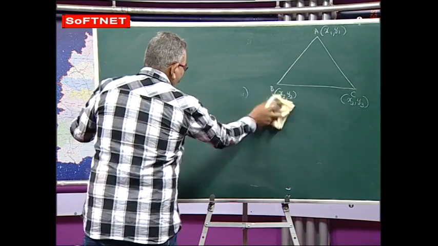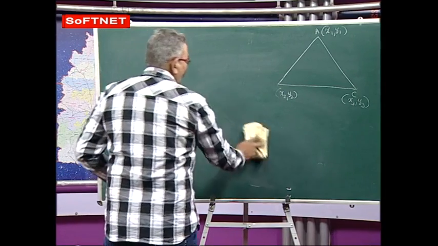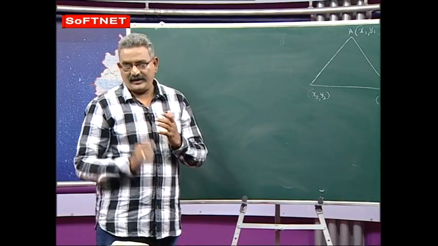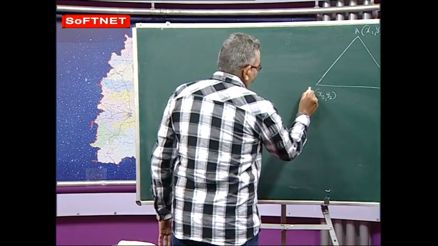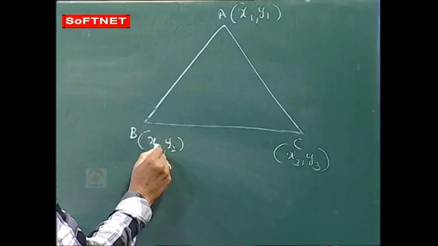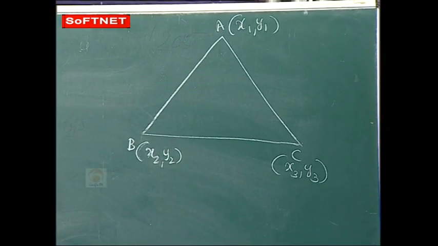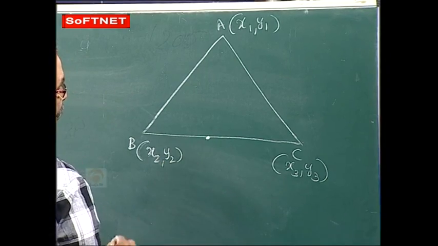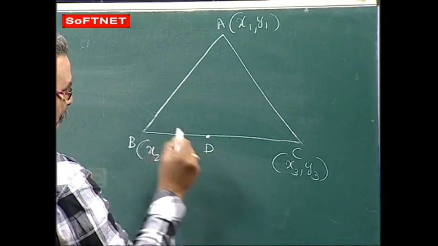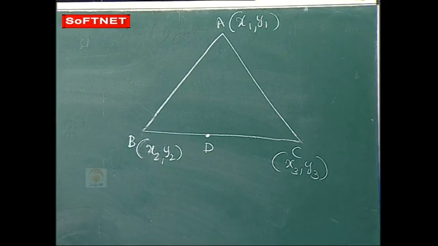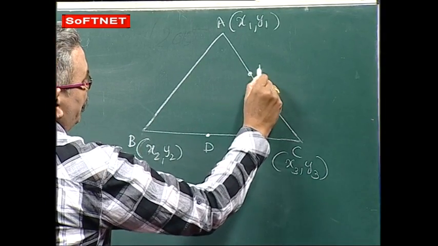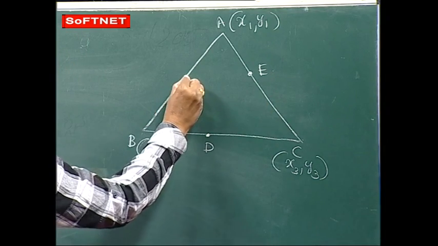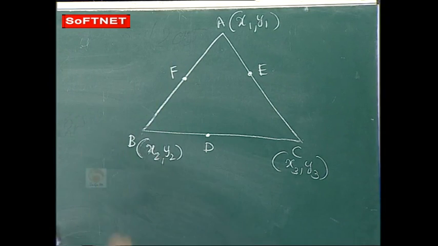So let us have some more observations on the concept of the area of the triangle. This is ABC. So let us suppose this is the midpoint of BC, say D. Let us suppose E be the midpoint of AC, F be the midpoint of AB.